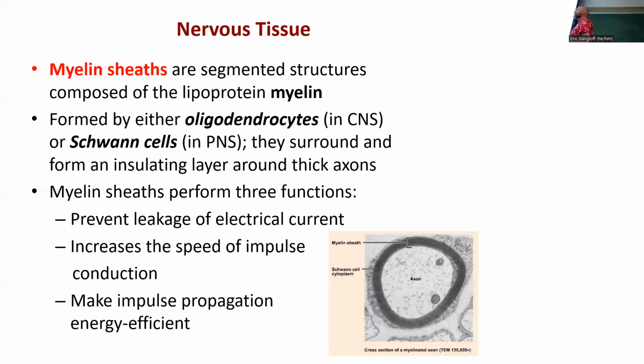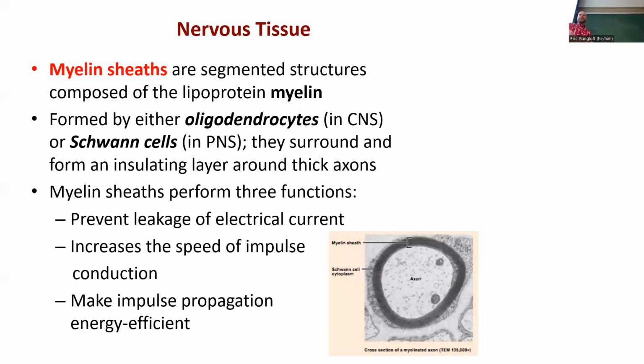So from an evolutionary perspective, if we have a signal that we want to transmit long distances quickly, there's a couple different ways we can do that. One is through this insulation and using this myelin to allow signals to kind of jump down the line and move faster. Another way to do that is simply to make your axons bigger.